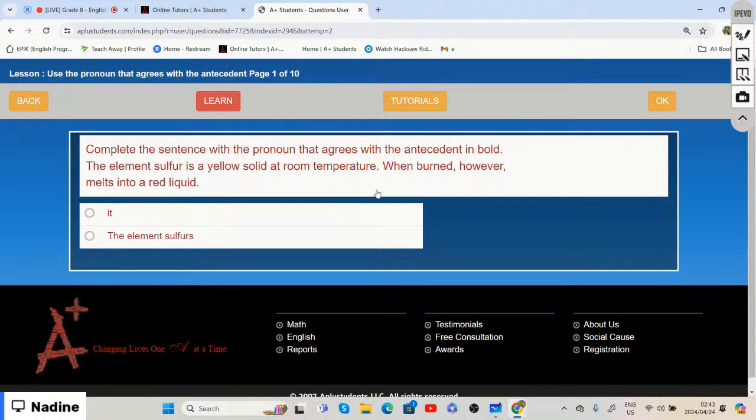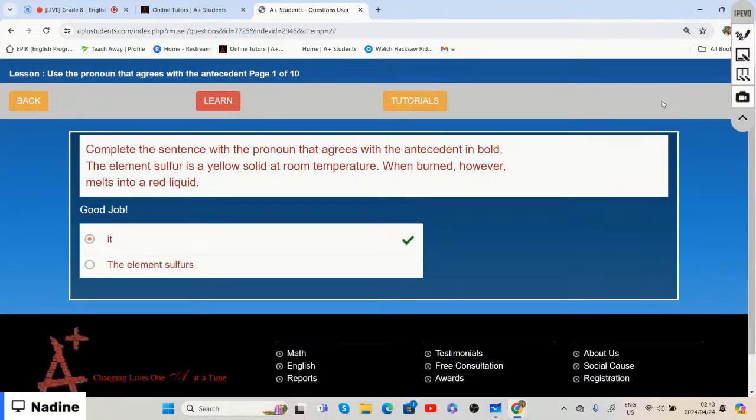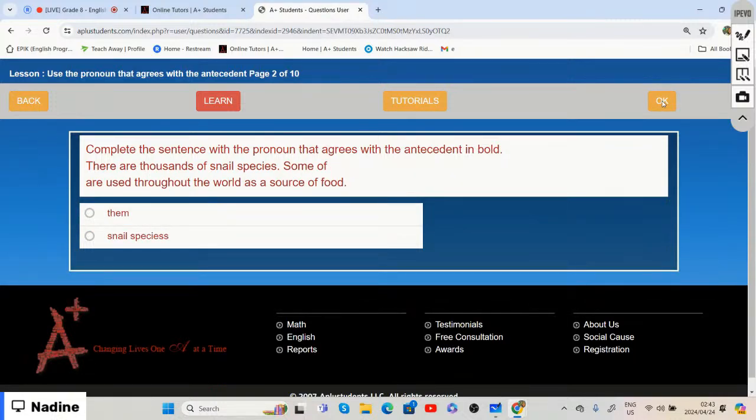So we say the element sulfur is a yellow solid at room temperature. When burnt, however, it melts. So we can say it, which refers to the element sulfur. It is the pronoun.